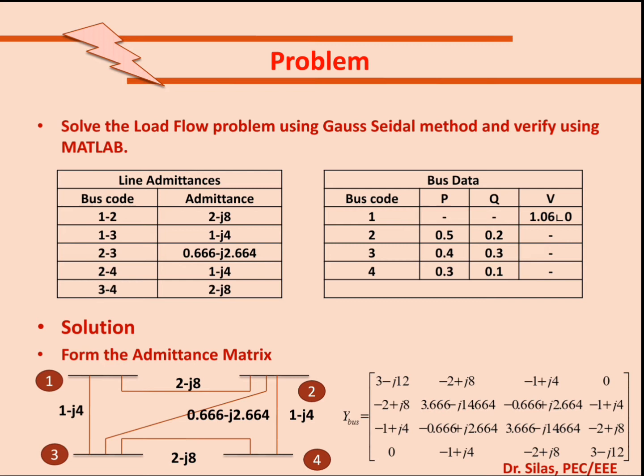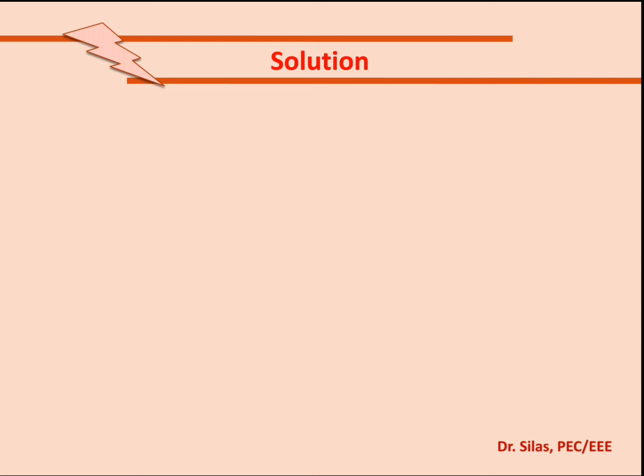The off diagonal elements of the admittance matrix are determined by the negative sum of the elements connected across the buses. For example, y12 is minus of 2 minus j8, so it is minus 2 plus j8. So this is how we have formed the admittance matrix for the 4 cross 4 system.